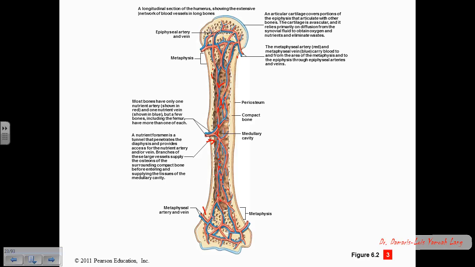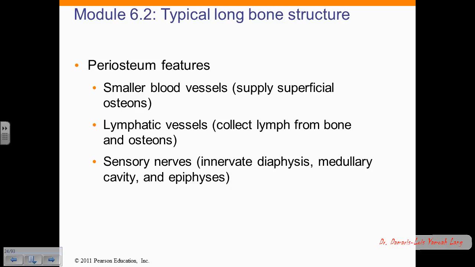So it's showing us both arteries and veins, and some of these will divide into capillaries and enter the different osteons. So again, these things in the osteon include blood vessels, lymphatic vessels, and nerves.